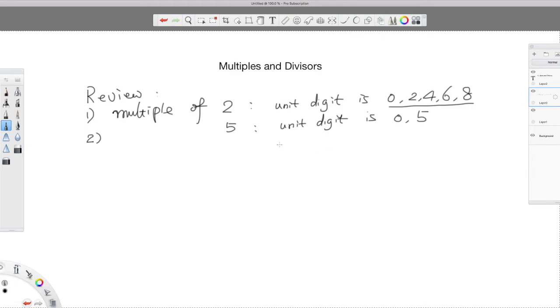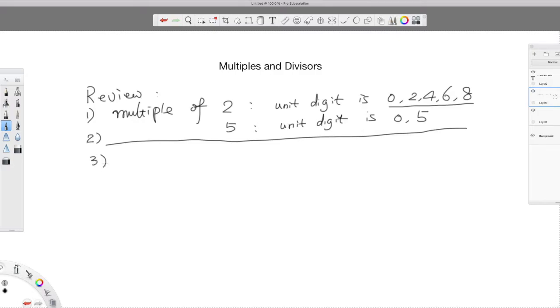It says as long as the unit digit is a multiple of 2, then the number is a multiple of 2. As long as the unit digit is a multiple of 5, that number is a multiple of 5. This condition is actually if and only if. All right? If the number is a multiple of 5, then the unit digit has to be a multiple of 5. And if the unit digit is a multiple of 5, then the original number is a multiple of 5.